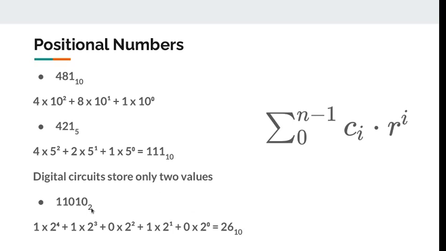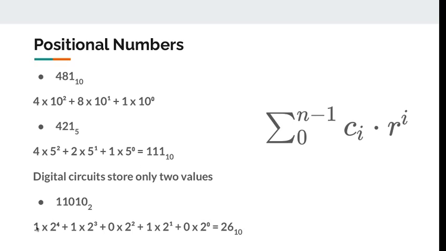So we can represent our numbers only with zeros and ones, right? So we're gonna use the binary, the base 2, the radix 2, and we're gonna do the same process to identify which number we're talking about.